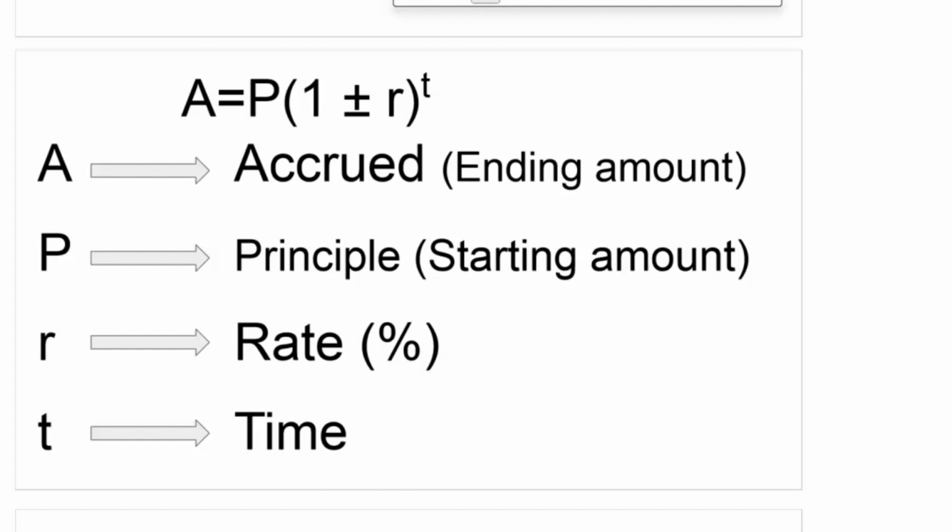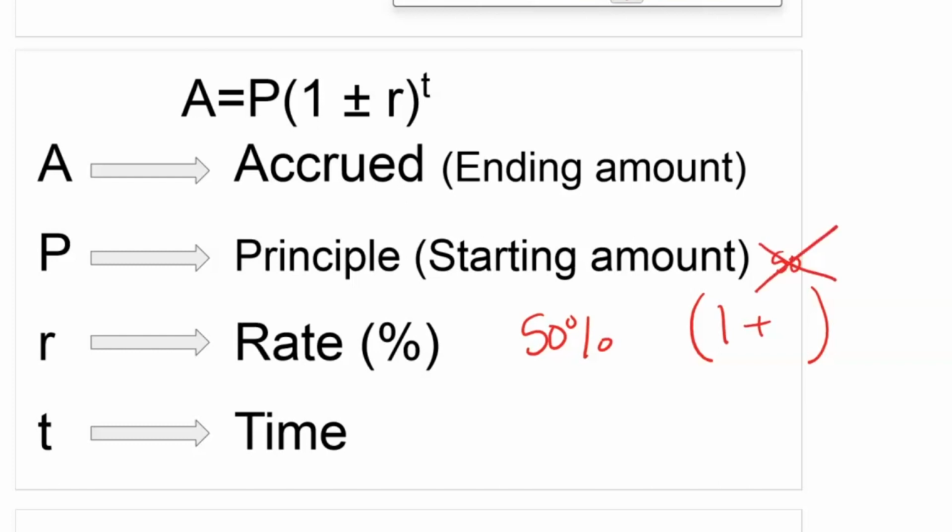The R represents rate, and in this equation your rate will usually be given as a percentage. The tricky thing is, let's say the rate is 50%. When you're writing out the equation and you have 1 plus, in this spot you're not going to write 50.